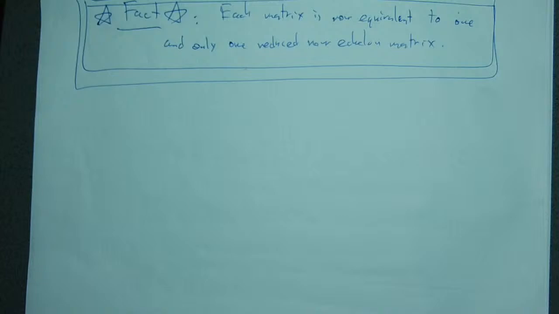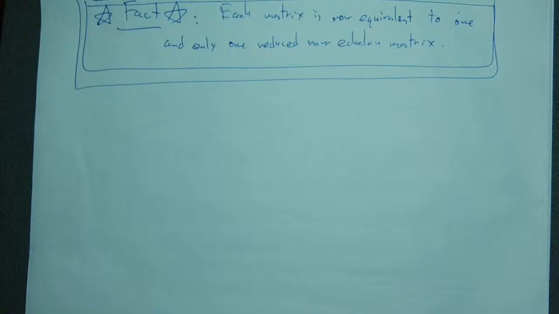You have two people who both row reduced matrices to row echelon form. The matrices on paper look different, there are entries that disagree, but they both used proper row operations.